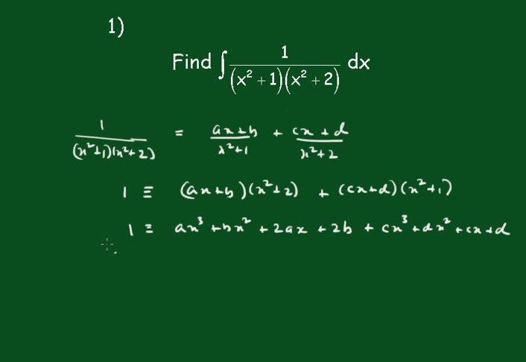Right, so we can see here, take this one, we can see that a plus c must equal 0. Take this one here now. We can see that b plus d must equal 0.